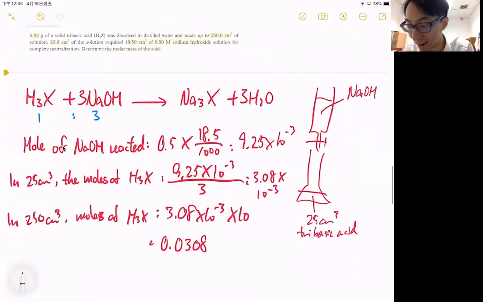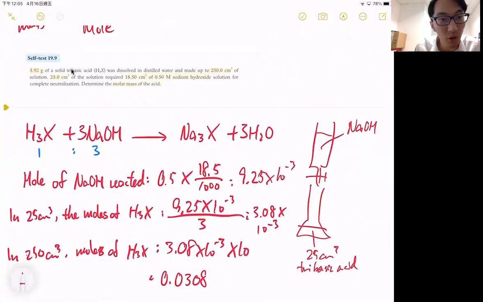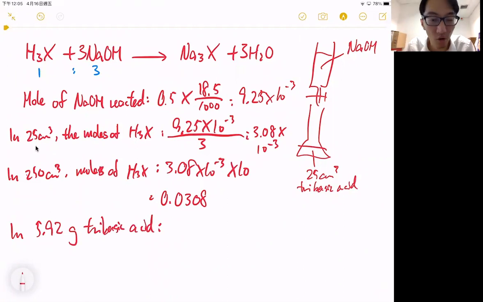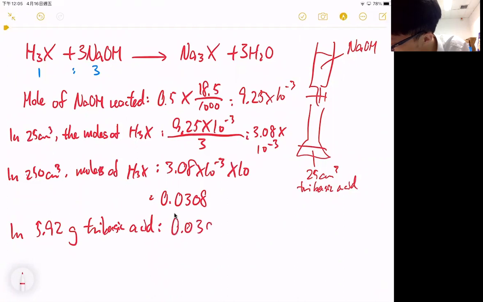When we trace backwards, the number of moles of the acid in 5.92 grams of tribasic acid will also equal 0.0308 mole, right?